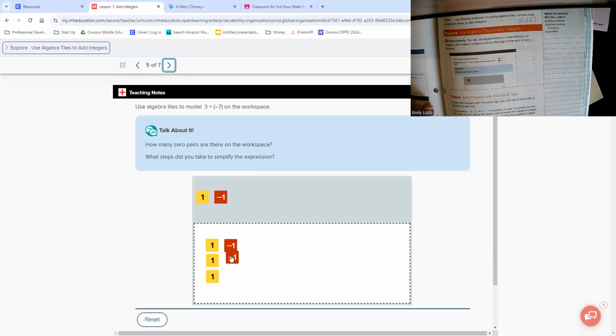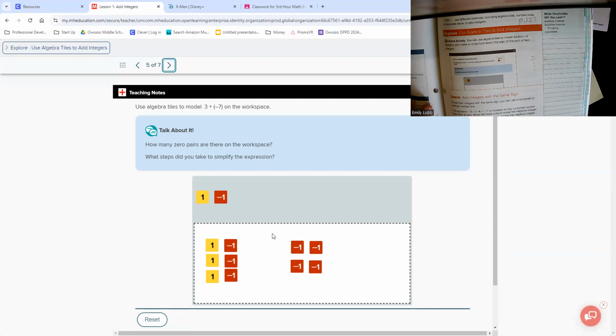So for these first 3, I'm going to put them right next to them, because if I combined these, they would be subtracting them, right? How many more do I need to make 7 negatives? 3, 4. So these become 0.